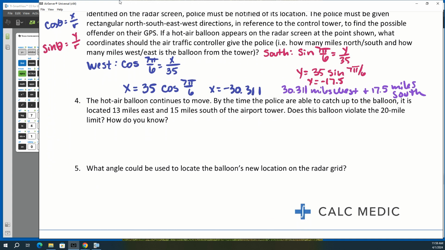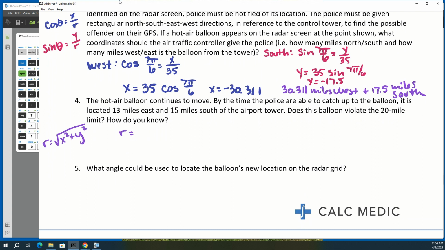Okay, so let's figure this out. We need to figure out how far away it is. And to do that, we're going to use a version of the Pythagorean theorem. We also used this before when we were finding r.